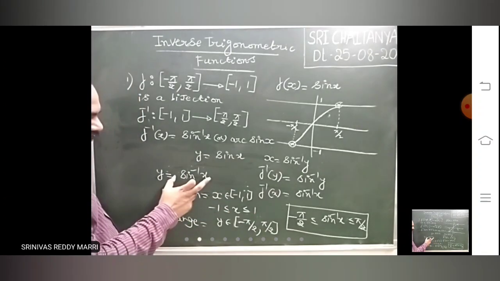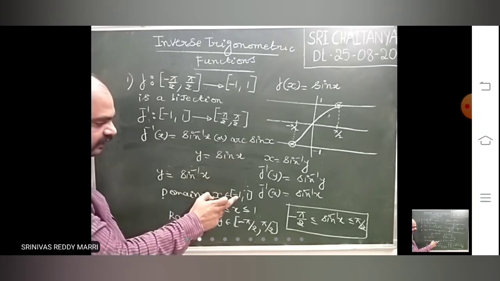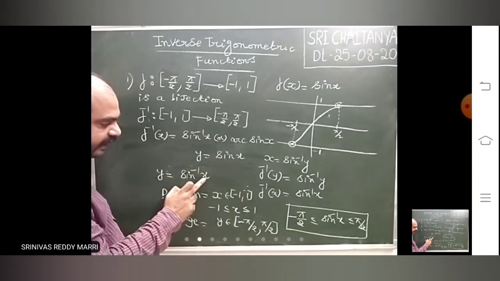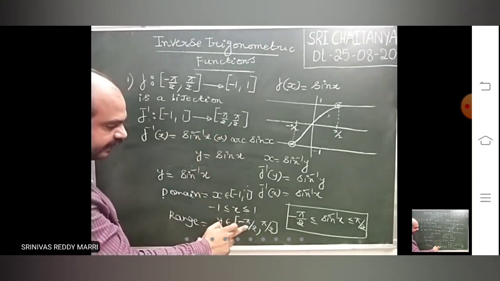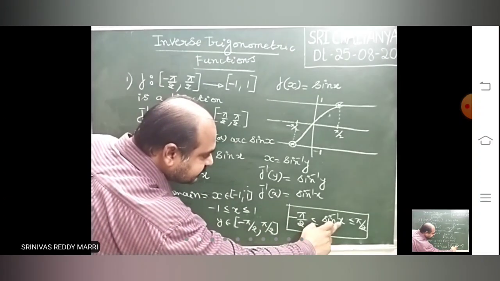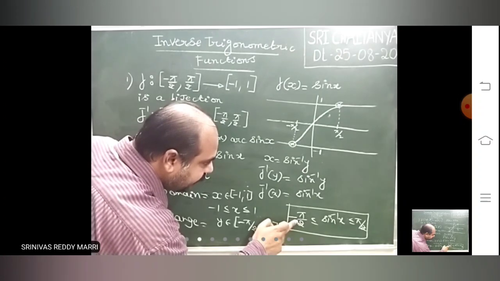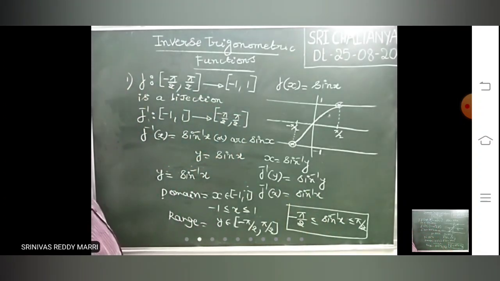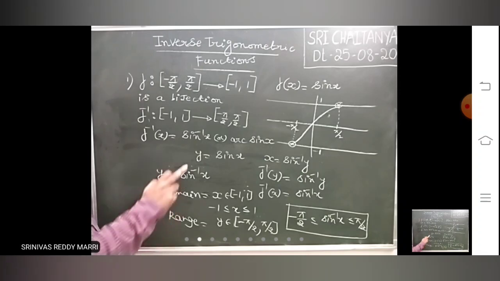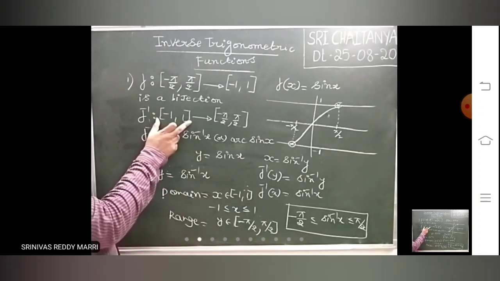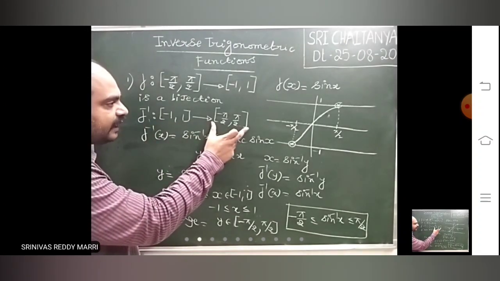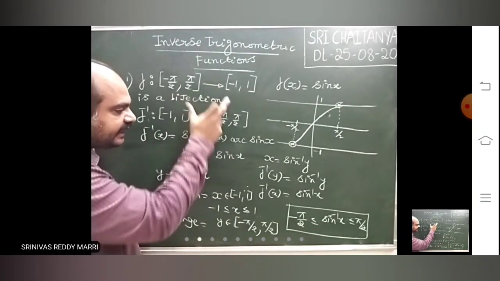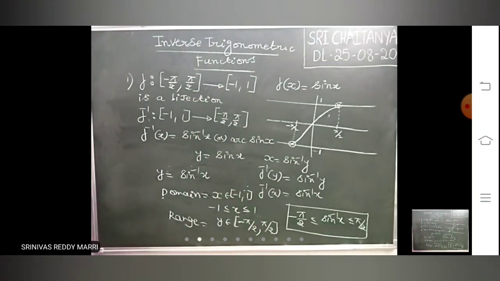If you substitute x values between minus 1 and 1, you will get the range minus pi by 2 to pi by 2. That means the minimum value of sine inverse x is minus pi by 2 and the maximum value is pi by 2. Like that, the domain of sine inverse x is minus 1 to 1, and the range is minus pi by 2 to pi by 2. So this is the sine inverse function.